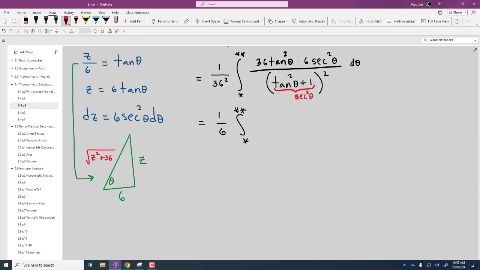So that makes the denominator secant to the 4th. And if we have a secant squared in the numerator, 2 of them will cancel, leaving us with secant squared in the denominator. So in the numerator, we will have tangent squared of theta, and in the denominator, when all is said and done, we'll have a secant squared of theta.